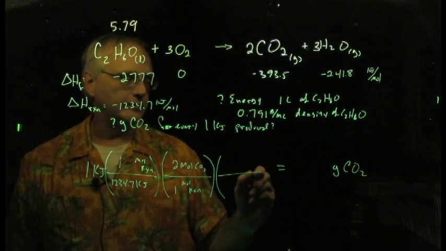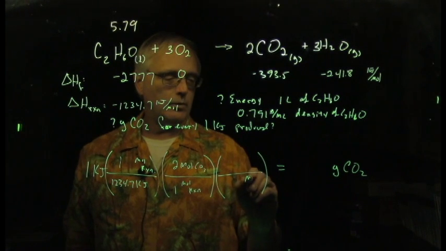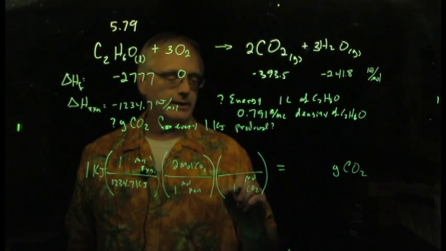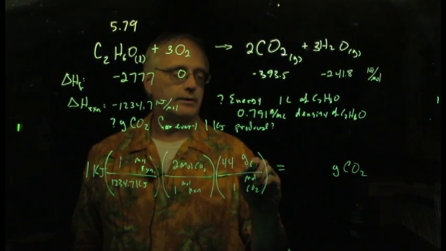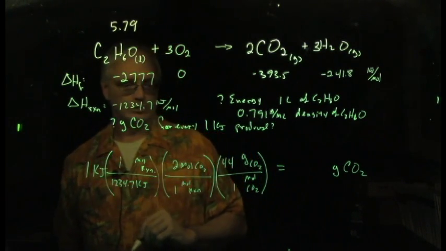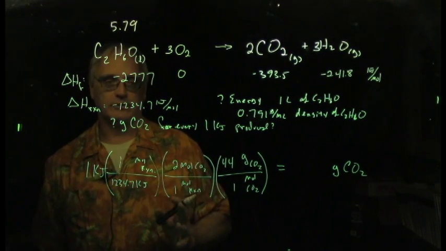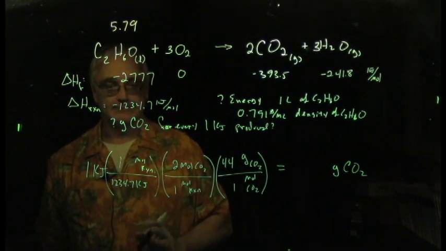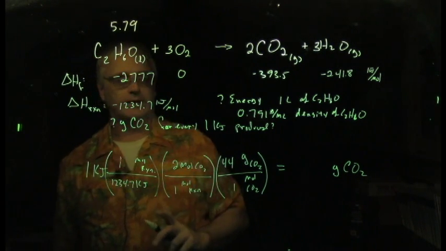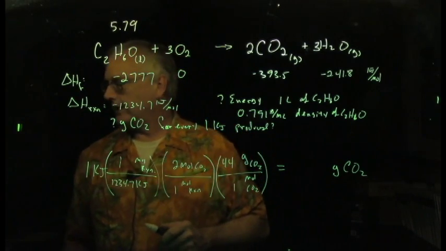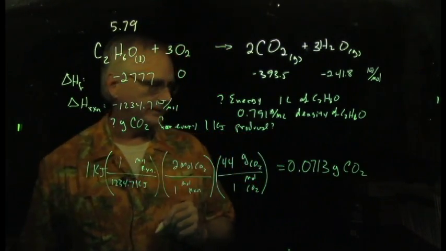Once I have the 2 moles of carbon dioxide, then we're really off to the races now. 1 mole of carbon dioxide is, of course, 44 grams of carbon dioxide per mole. So there's a simple 3-step stoichiometry problem for part D. It's actually a little bit easier than part C was. And so we punch it out on our calculators, and we get 0.713.